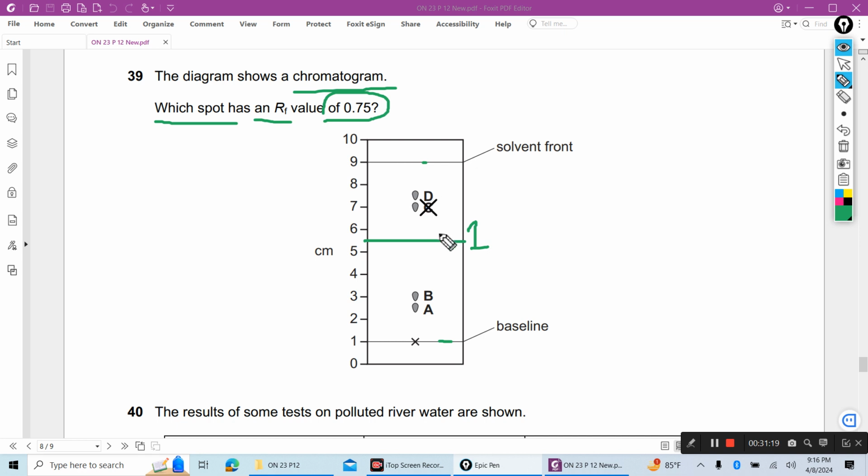The spot is three quarters of the way: 1 division, 2 divisions, 3 divisions, 4 divisions. So 0.25, 0.5, 0.75. So C is the answer. More than half is C, so C will be the Rf value 0.75.